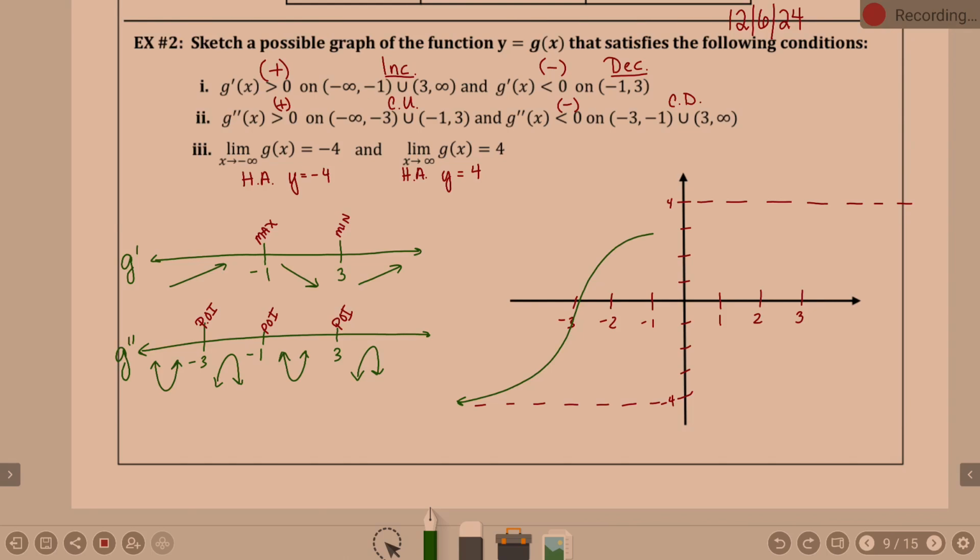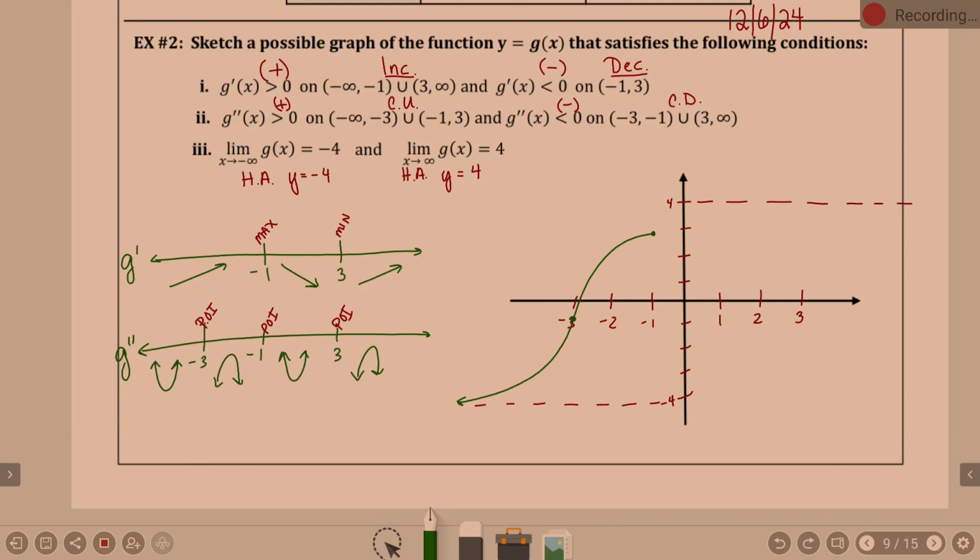At -3, it can be anywhere vertically. There's a supposed inflection point. You see my inflection point-ish? I'm not saying you even have to put the dot, but there's an inflection point where we change from concave up to concave down, increasing the whole way. And then when we're above the -1, we have a max.